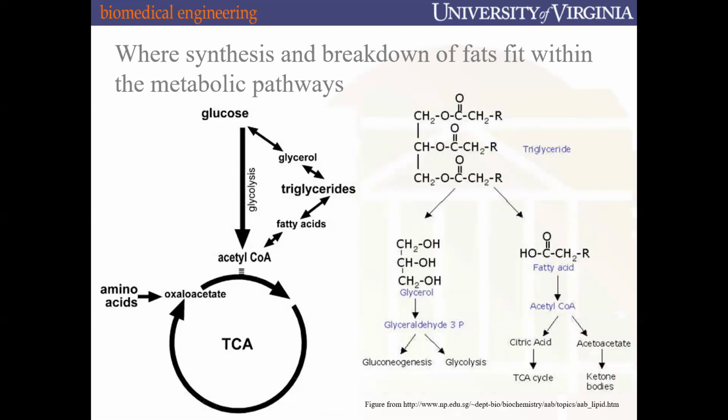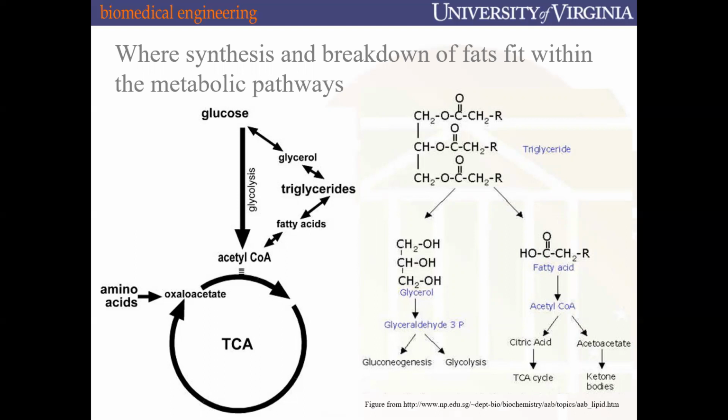metabolic pathways. First, with glycerol, if you remember, these glycerol molecules can become phosphorylated and form glyceraldehyde 3-phosphate. If you guys remember, this is an intermediate of one of the metabolic pathways we talked about already.